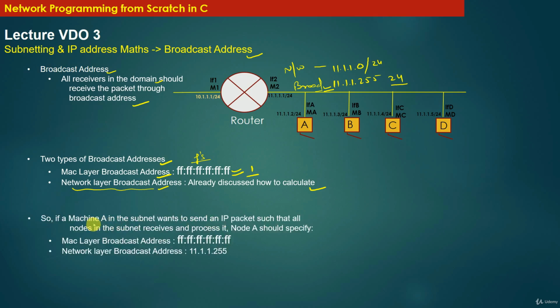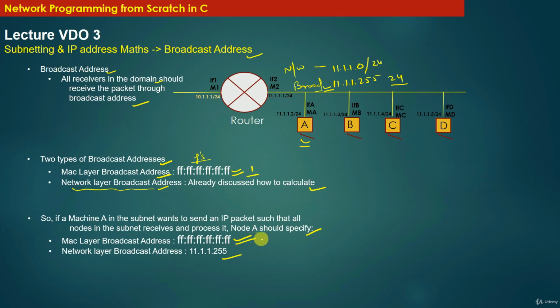Now let us suppose that in this subnet, machine A wants to send an IP packet such that all nodes in the same subnet receive and process it. In order to do so, node A should specify the destination MAC address as the broadcast address, which is simply all bits as ones, and the network layer broadcast address will be 11.1.1.255.